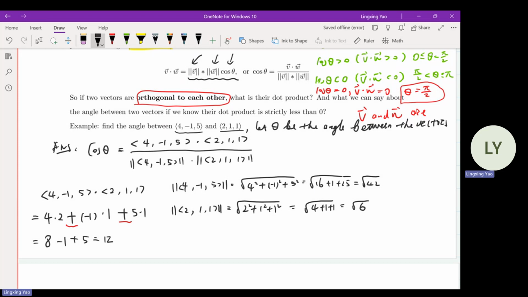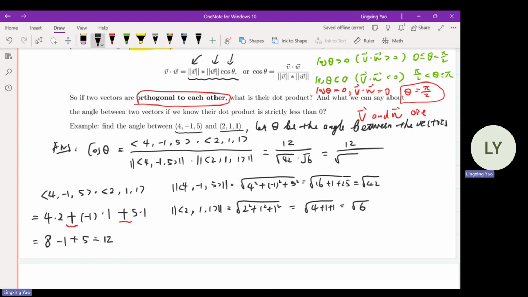So the cosine of the angle theta between those two vectors is 12, the dot product, divided by the length of the first vector, square root of 42, times the length of the second vector, square root of 6. And we can simplify this.